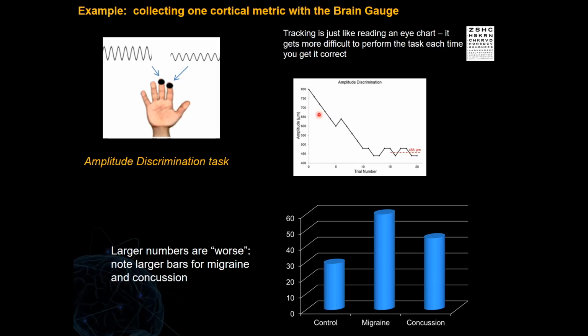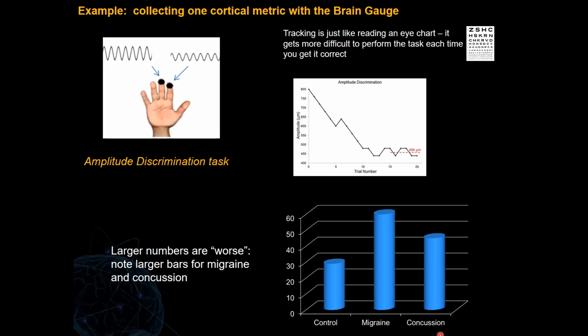Just like on the eye chart, lower numbers are better, larger numbers are worse. Over here, we have it graphically shown that healthy controls do better than individuals who suffer from migraine or from concussion.